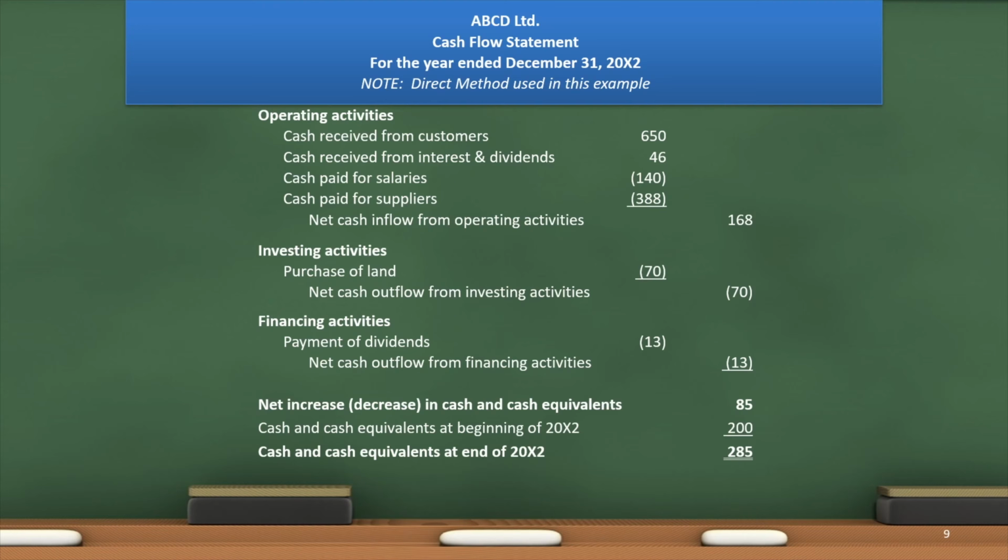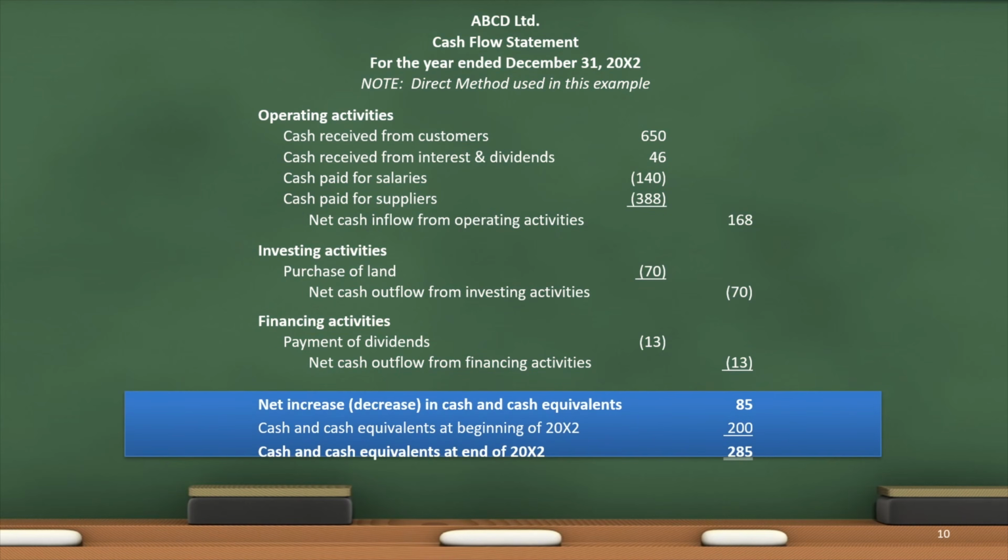Note that the direct method of preparing a cash flow statement is used in this example, but we will typically use the indirect method in our course together. I use the direct method to show it for the first time because I think it's a bit simpler to understand. Now I'd like us to turn our attention to the very bottom.